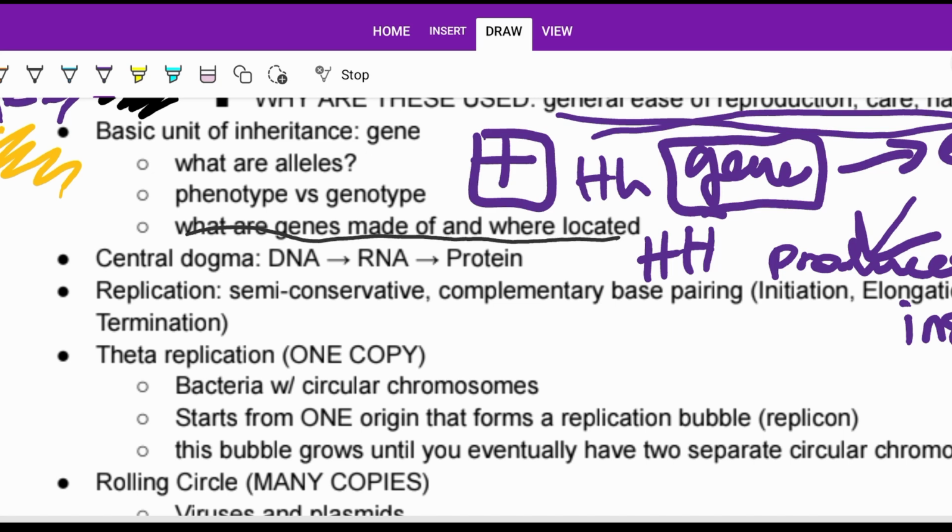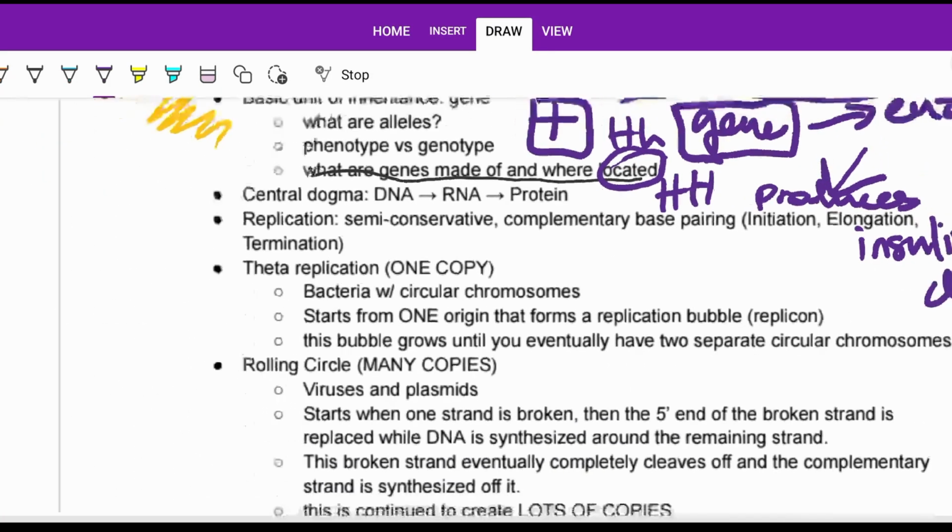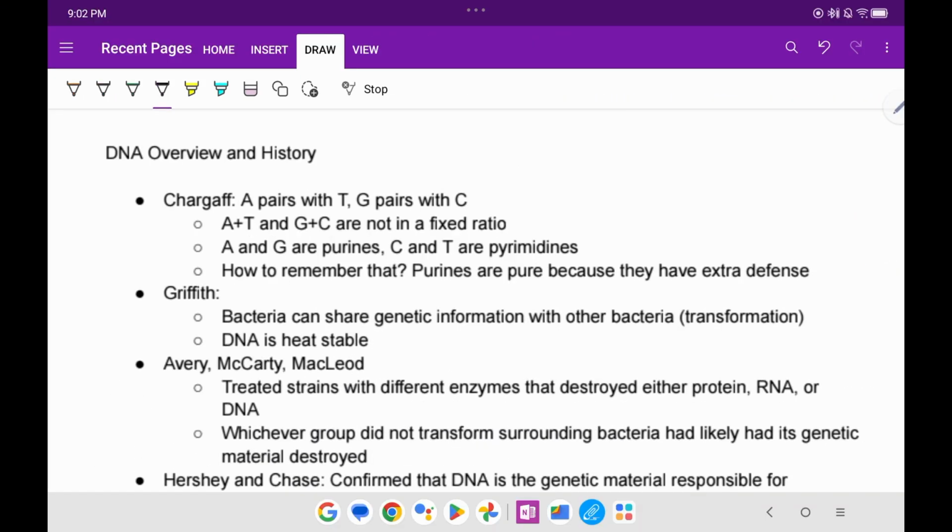That's what DNA and RNA genes are made of, and in prokaryotes they are located just in the cell. In eukaryotes, DNA is located in the nucleus. RNA you will find everywhere. And there's also some DNA in mitochondria and chloroplasts.